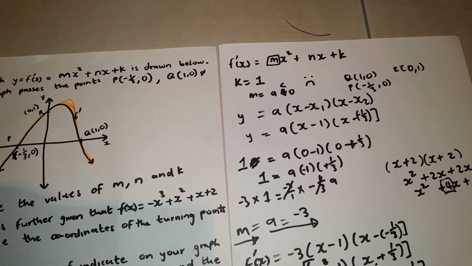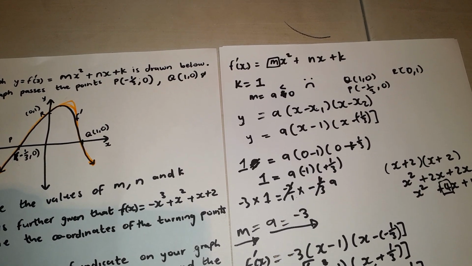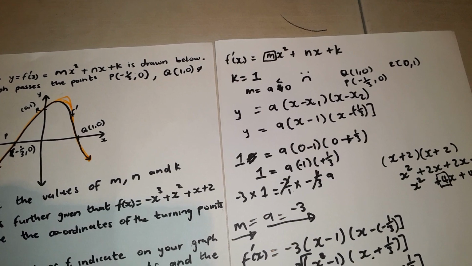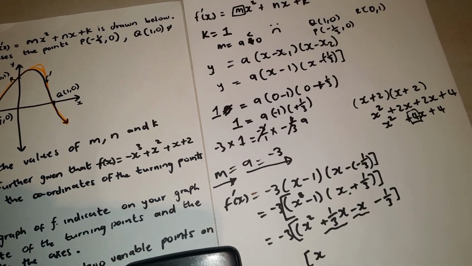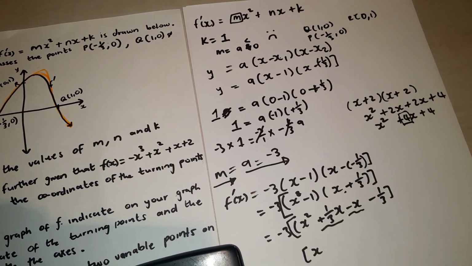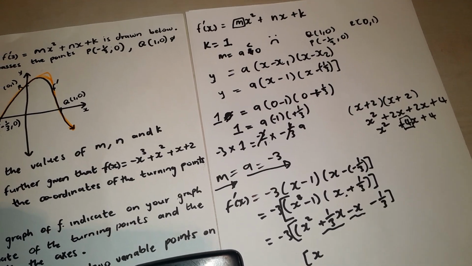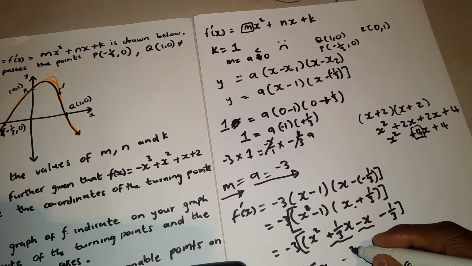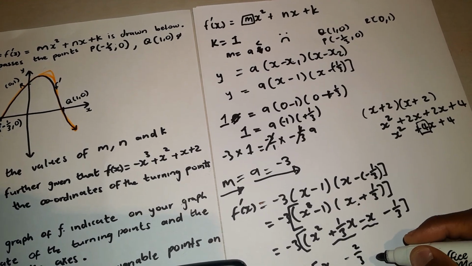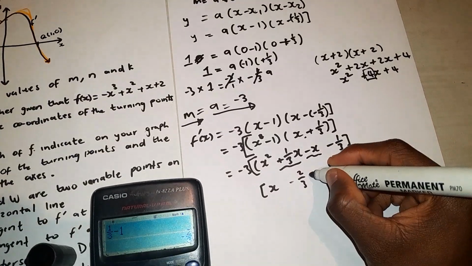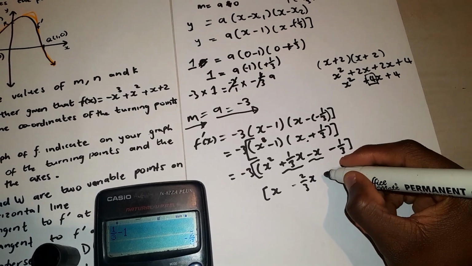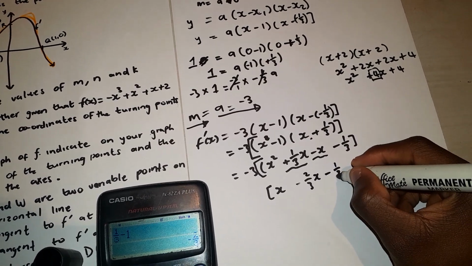So now we have like terms here and here. It will be 1 over 3 minus 1. Our answer will be left with negative 2 over 3 x minus 1 over 3.